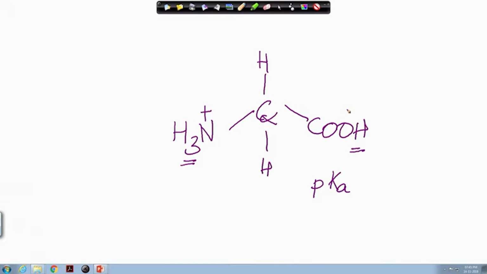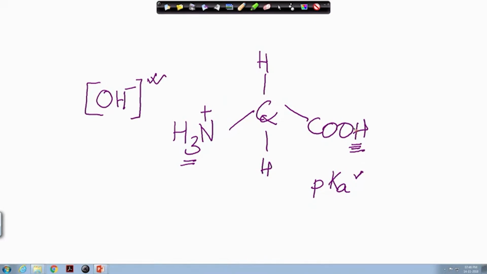What do we mean by that? If an acid-base titration is being done, which would mean that a certain amount of OH minus is being added to the solution of glycine, then this proton is going to be lost first because the pKa is less.